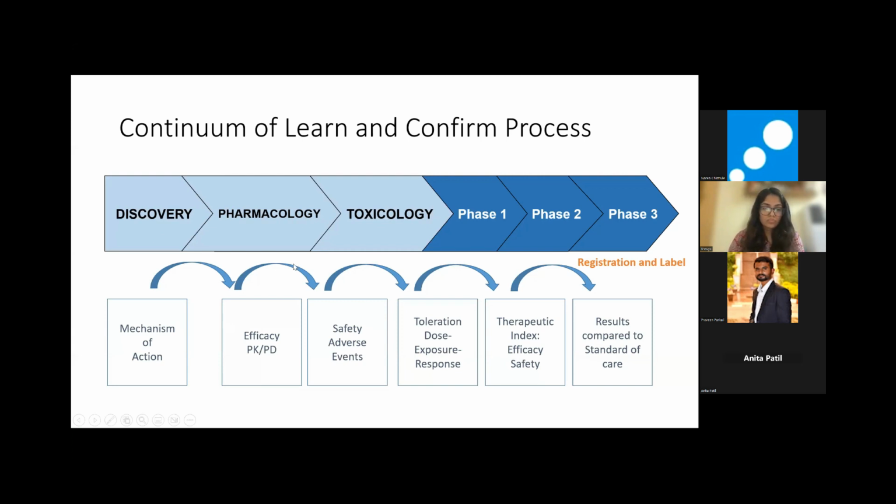And as we looked at in pharmacology, pharmacology determines the right dose where you get optimal efficacy, studied through PK/PD. Toxicology will look at safety, adverse events, and determine what is called the maximum tolerated dose. So that's what the toxicologist will try to study.